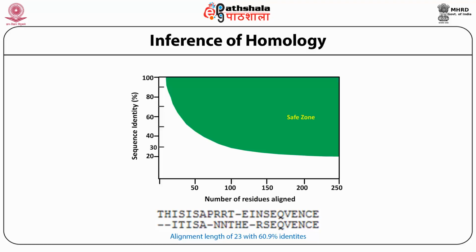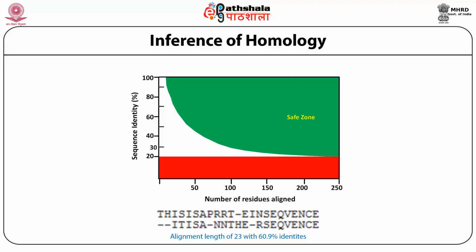On the other hand, when the sequences are not homologous, then the XY graph will fall in the red zone. Therefore, if an XY graph between the number of residues aligned and percent sequence identity for the aligned proteins falls in the red zone, then it is not safe to infer homology between these two sequences.